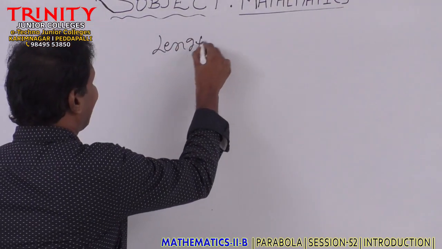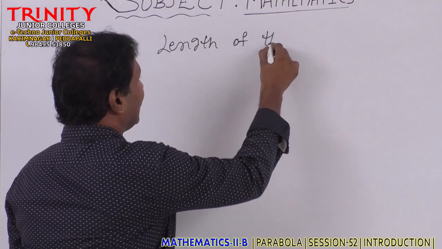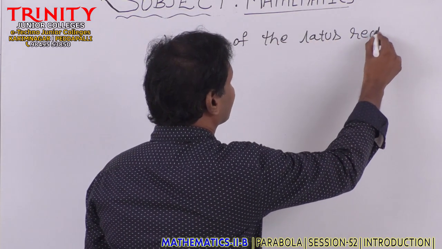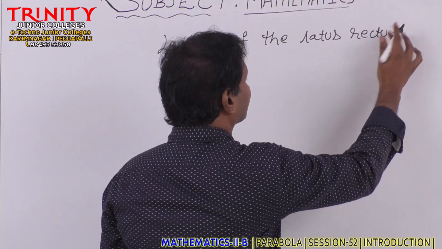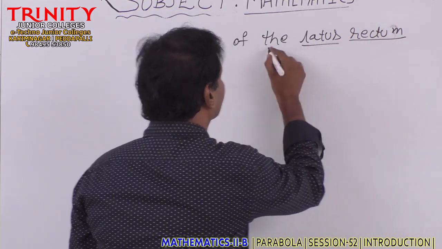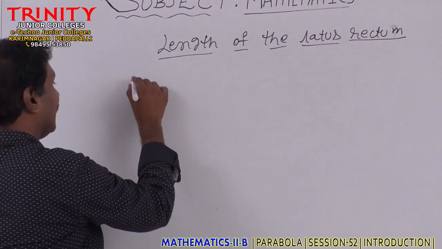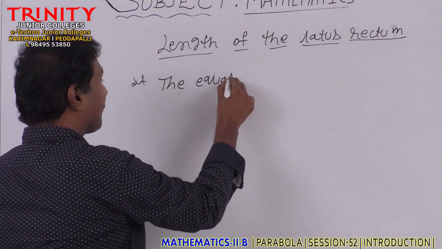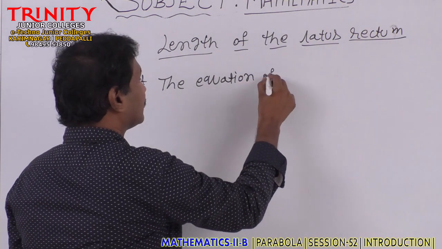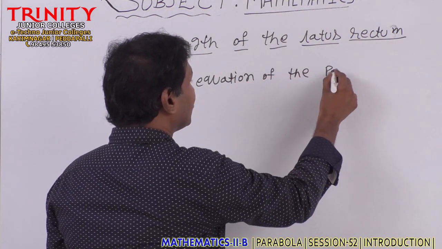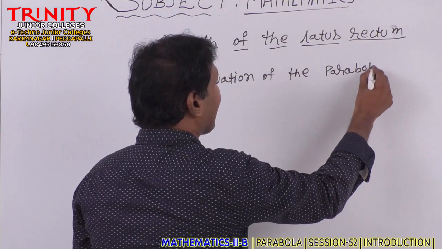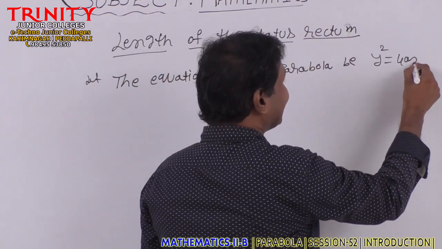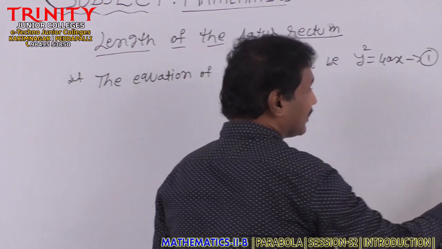Length of the latus rectum. Let the equation of the parabola be y square equal to 4ax, which we name equation 1.